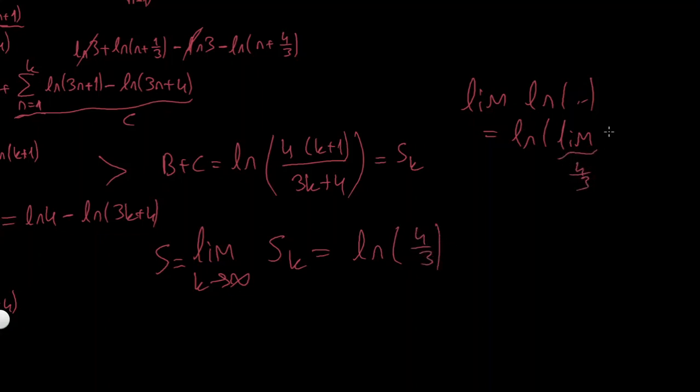So this limit is ln of 4 over 3, and therefore this is my answer. We can also write it as ln 4 minus ln 3, which doesn't make it look simpler.